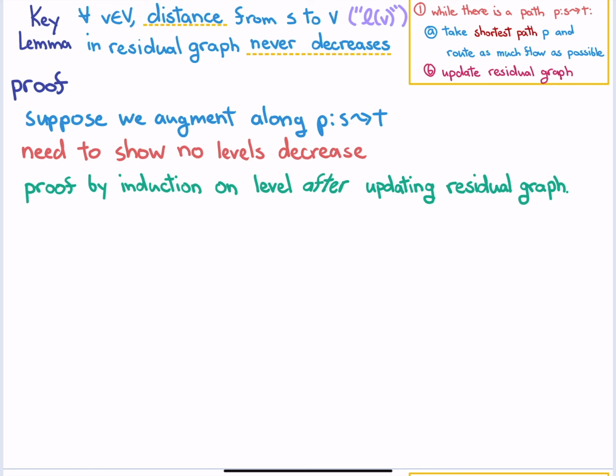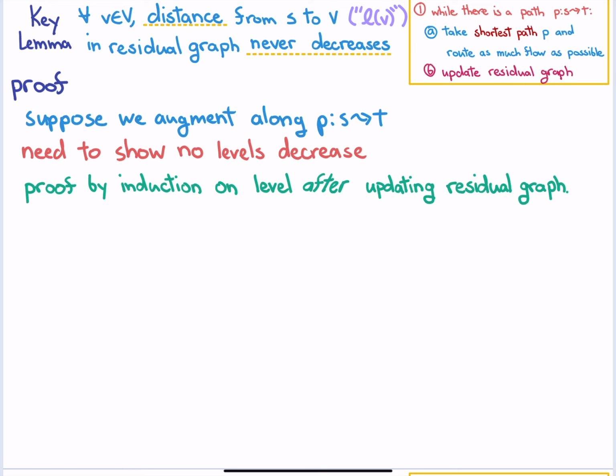This is the lemma. For every vertex v, I want to argue that the distance from S to V doesn't go down. And then we'll be done. So suppose I'm augmenting along the shortest path P from S to T, and I want to argue that no levels go down.